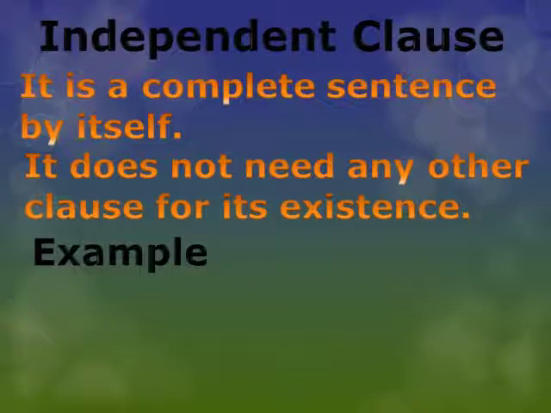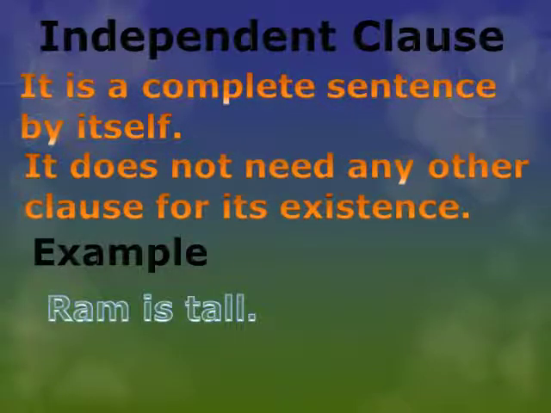Now let's take an example. Ram is tall. If we see this group of words, is it a complete sentence by itself? Yes, it is a complete sentence by itself.